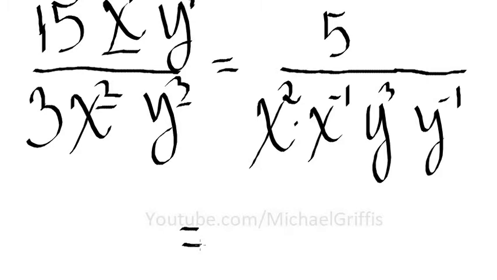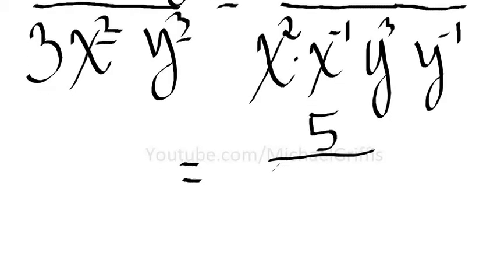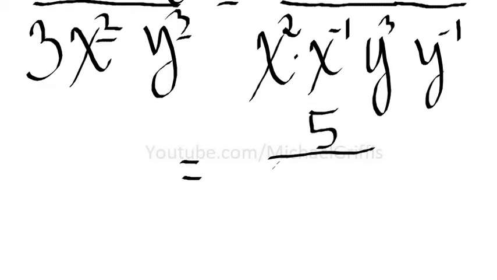Let's simplify. So we're going to have 5 up here in the numerator. This becomes x raised to the second power, so this becomes x.